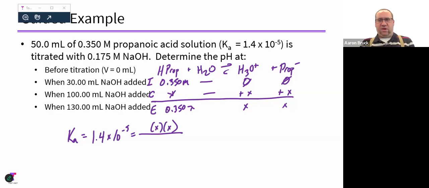Yeah. We have a relatively high concentration of the propanoic acid, and the Ka value is kind of middling, 1.4 times 10 to the negative fifth. If we did the calculation, we get 0.004%. So we're pretty safe to ignore the minus X term.